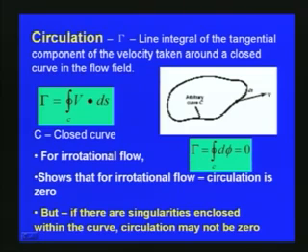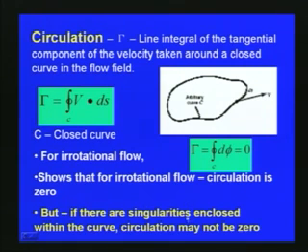Here c is the closed curve which we have described, and for irrotational flow, gamma is equal to the integral over c of d phi, which is equal to 0. That shows that for irrotational flow, circulation is 0.